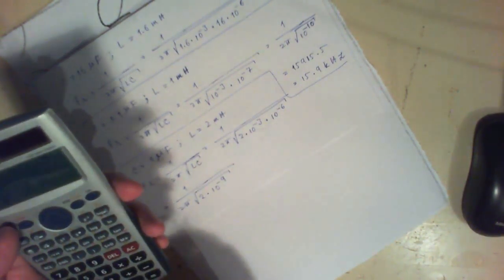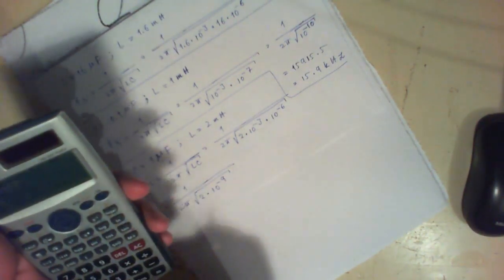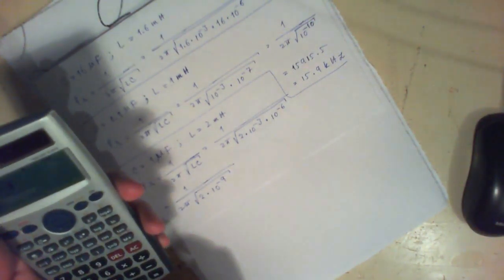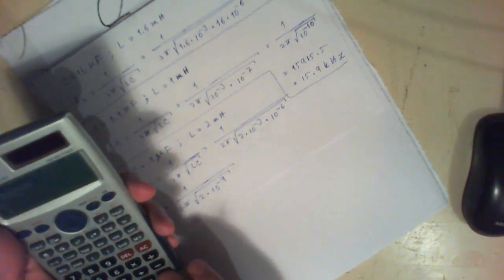So that is 2 pi times the square root of 2 into 10 raised to the power negative 9.